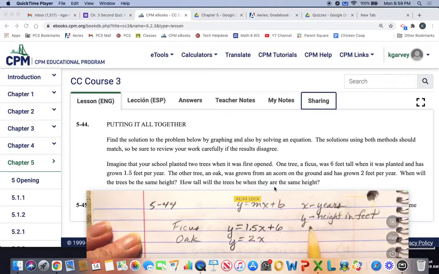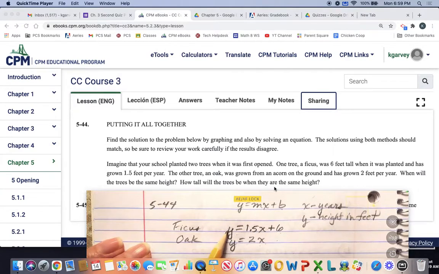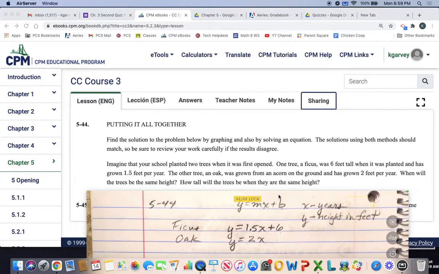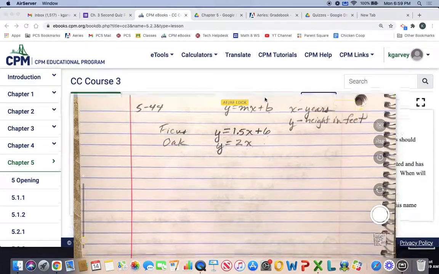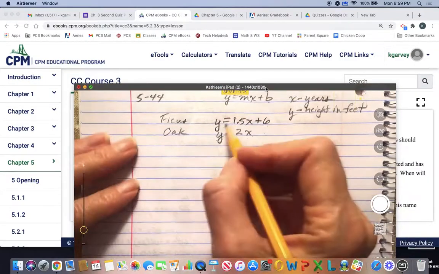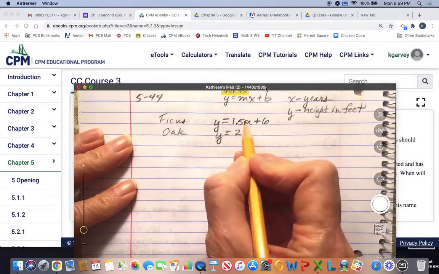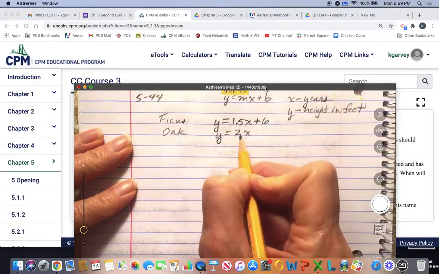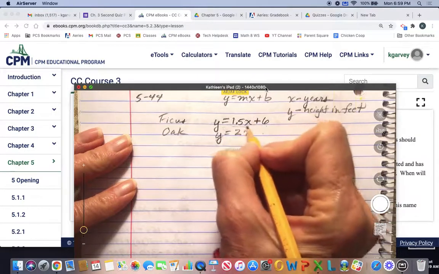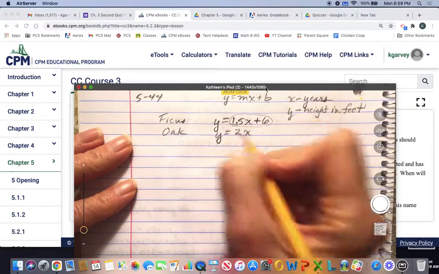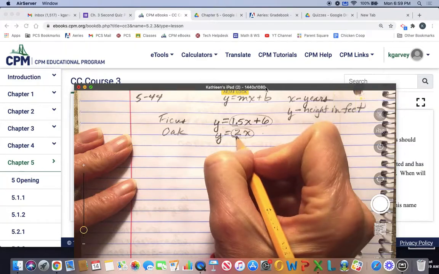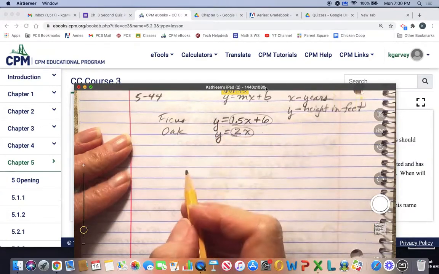Okay, so we need to find out when the height of the 2 trees is going to be the same, or when y is going to equal y. So we're just going to assume that y does equal y. And if we know that this y is equal to this y, and this is equal to this, and this is equal to this, then we know that this has to be equal to this, because these 2 y's are equal to each other.